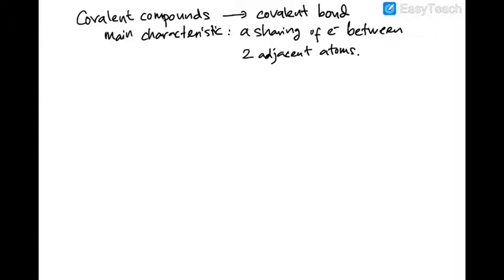Let's take an easy example. Water, H2O. You have one electron for H, like this. And for oxygen, you have also one electron over here and one there. And later we will also talk about how to draw such structures, which you will know as the Lewis structure.